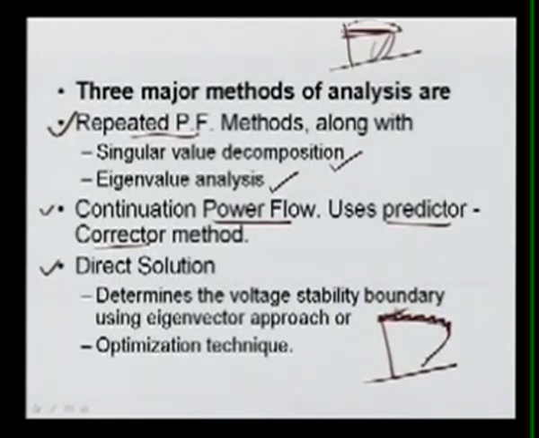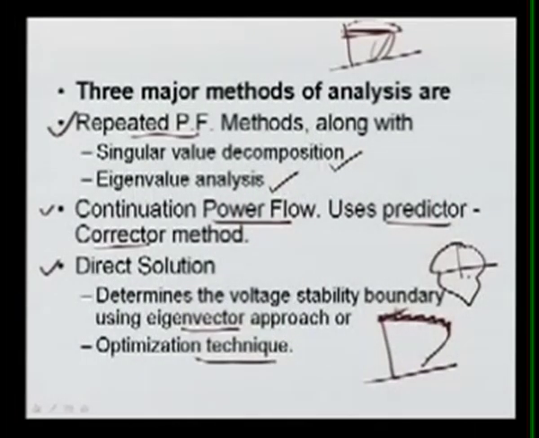For a system in n-dimensional space, we can get the boundary, use the eigenvector approach, and then say whether the existing point is well within the boundary, outside it, or on the boundary, and then assess the system voltage stability. Another is optimization techniques, where we can measure how far we are, and using that method we can determine the voltage instability case.